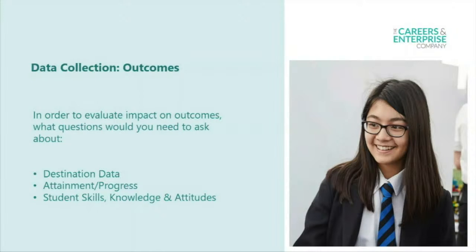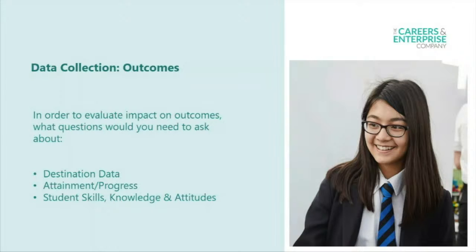On the next few slides, there's quite a lot of information. So we are going to take a break not long after this, just to digest it and reflect on any questions. But the first one that we're going to look at is some example questions to think about when you're thinking about destinations data as an outcome, in order to move on to being able to evaluate impact.